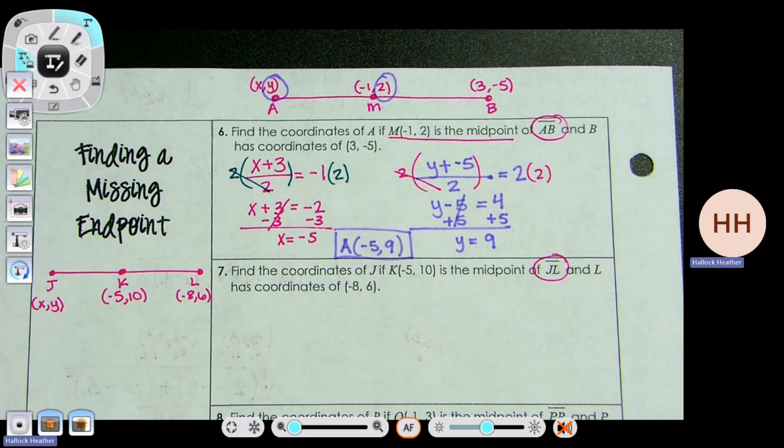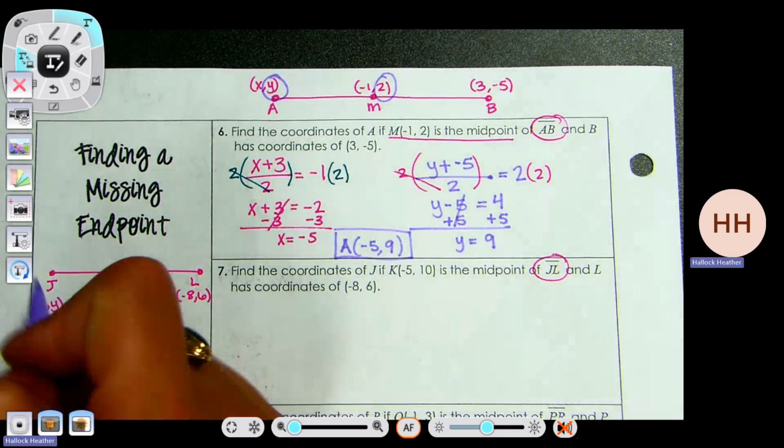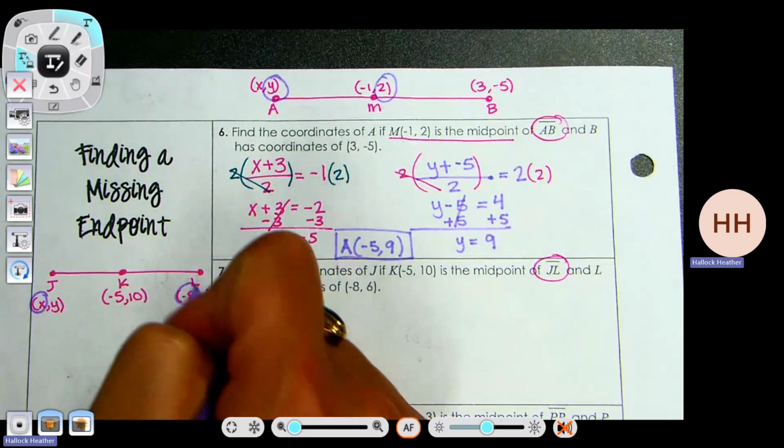Try number 7. You're taking x. What are you going to add to it? X plus -8. So x and -8 get added together. It's going to be over 2. And then it's going to equal -5. So you're adding the end values together.